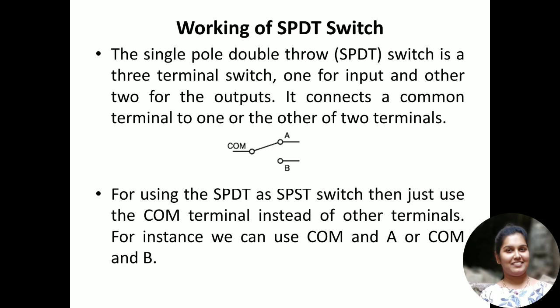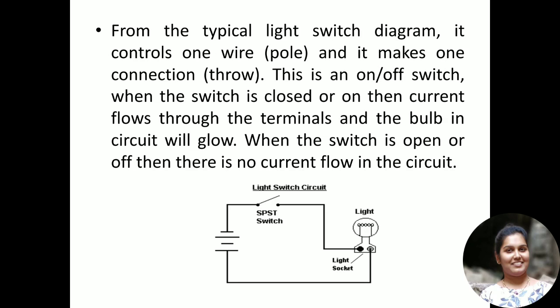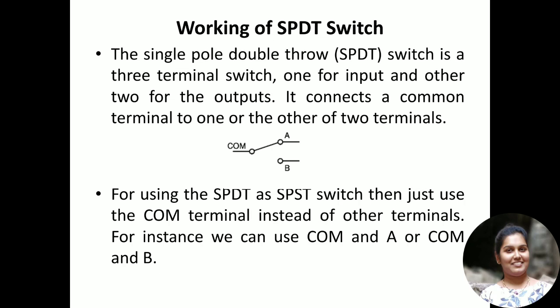Okay. So for using the single pole double throw as a single pole single throw switch, we use the COM terminal instead of the other terminals. For instance, we use COM and A. Either we can use COM and A, then it makes a single pole single throw.